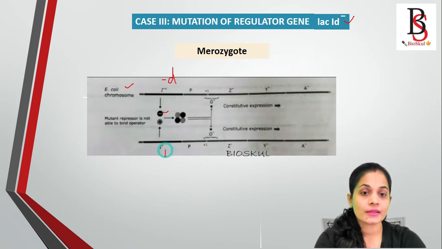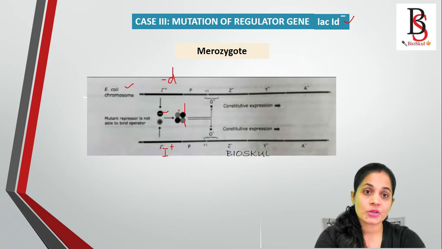But on the other hand, in the other chromosome, this one is the I plus, which means the repressor gene is in normal condition, so it will produce the normal repressor. See over here, in the tetramer you will find 2 functional repressor monomers and 2 non-functional repressor monomers.